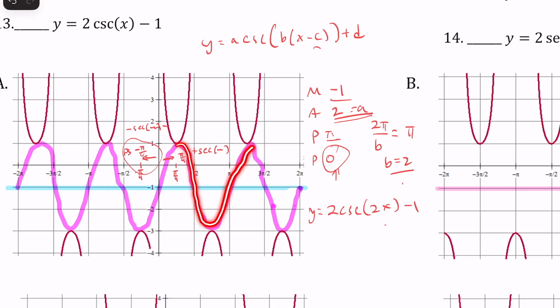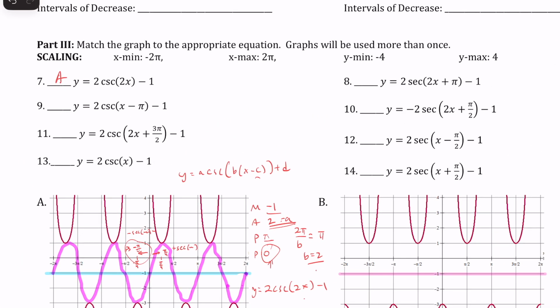That's a positive cosine. That's a negative cosine. And remember, we can build secant and cosecant off of sine or cosine. Okay, so I look, oh, we have a negative one here, and I already know B's got to be 2. B is 2.